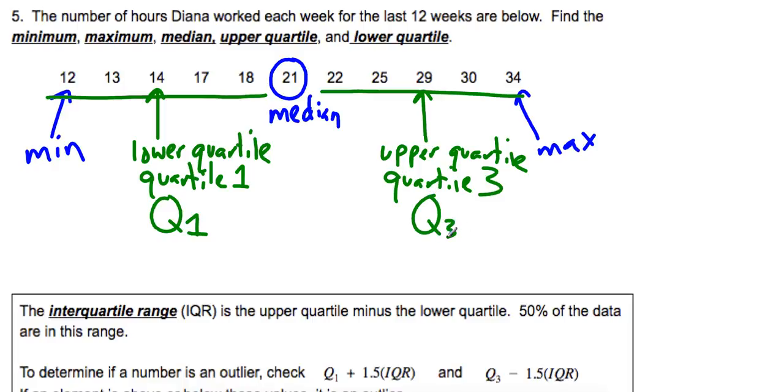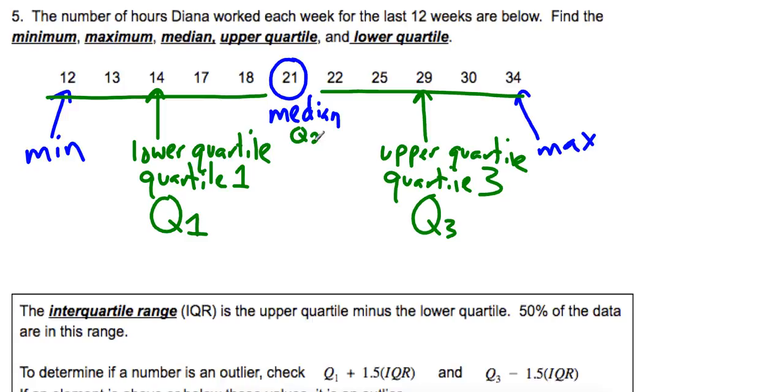So we have first quartile, third quartile. You may be wondering, what's the second quartile? It's actually the median. So we don't usually call it quartile 2, but there it is. Between quartile 1, the median, and quartile 3, it splits our data into 4 equal parts.